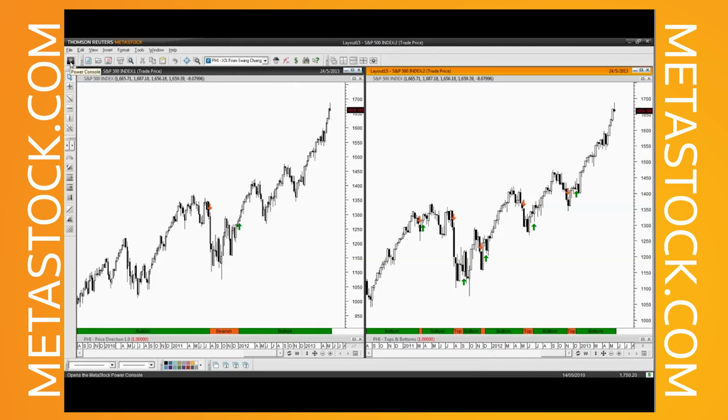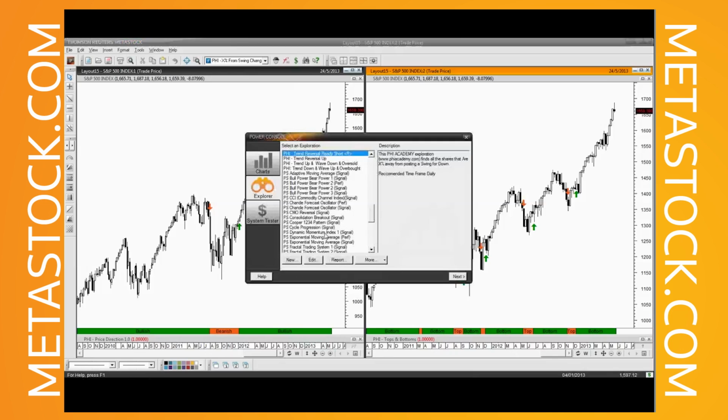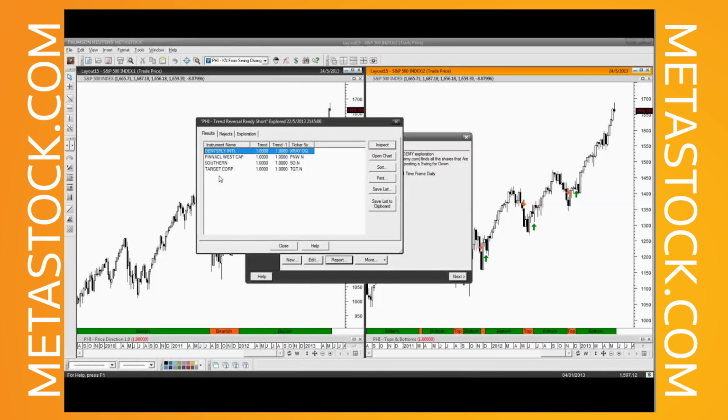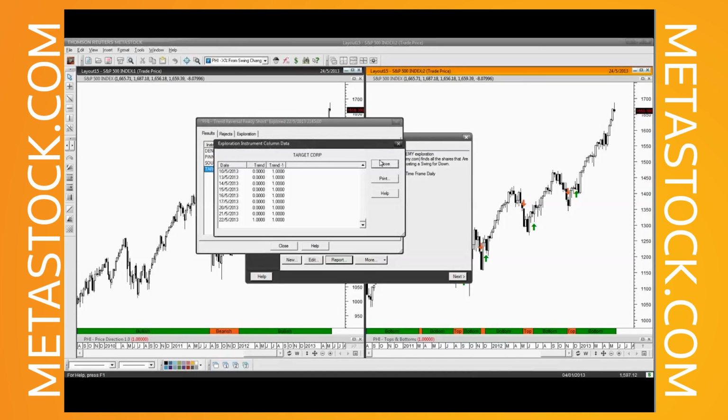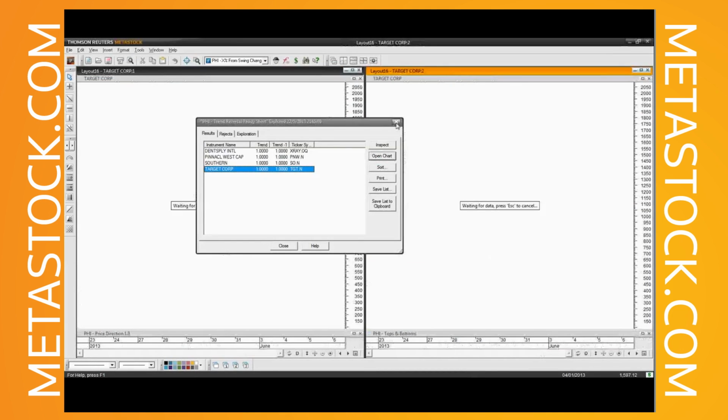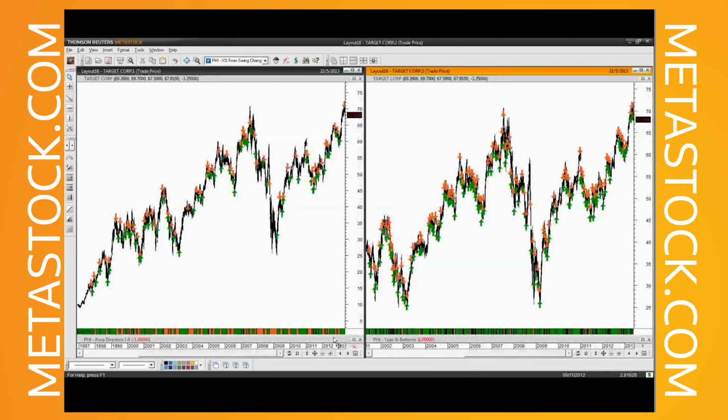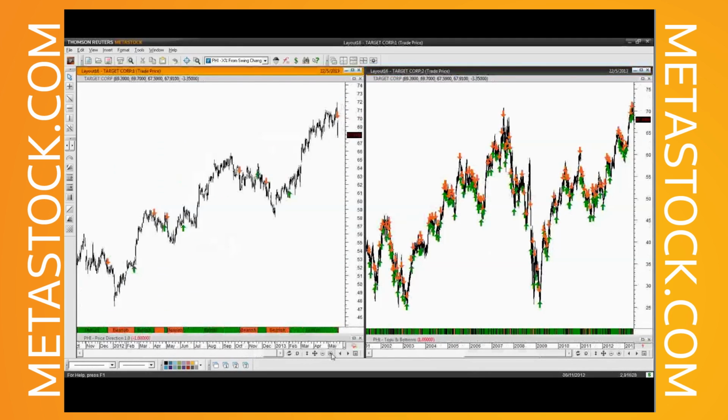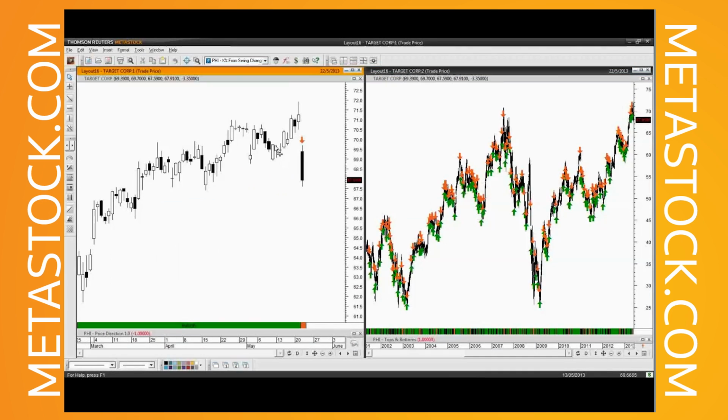So TGD, let's have a look at that one. An easy way to find it is to go again to the report, and you are talking about this one, yes? Open chart. Again, as you see, this is not one of our preferred shares to trade because it does not have the failure and the swing.